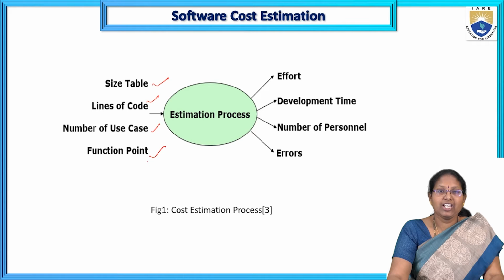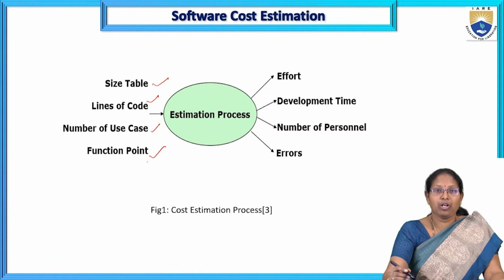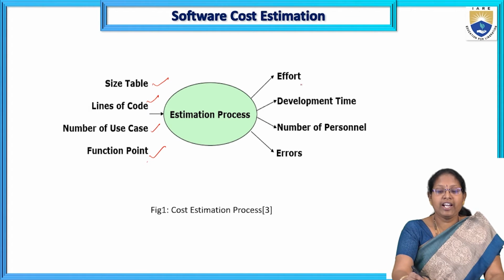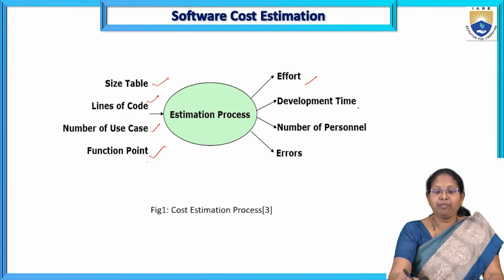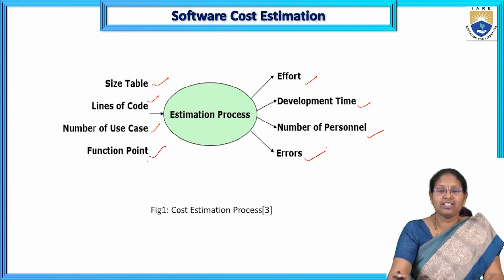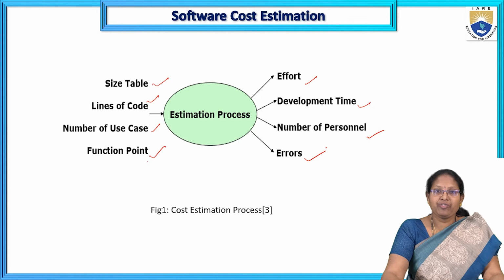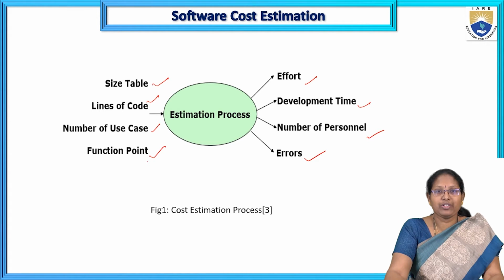These are the estimation process inputs. Using these parameters as inputs, after completion of the estimation process, we get effort, development time, number of personnel and errors. These are the outcomes we expect from the estimation process.